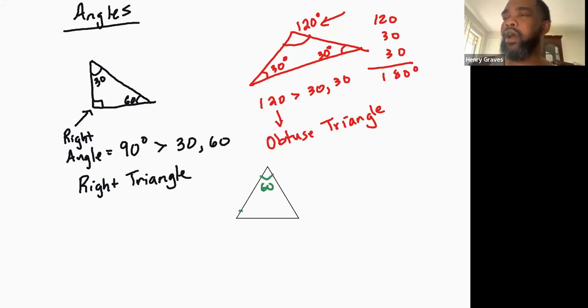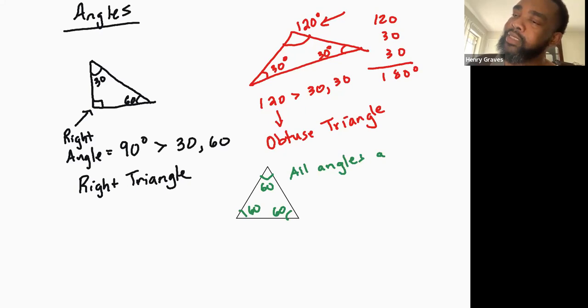So all angles are 60 degrees. Since 60 is less than 90, that makes this an acute angle, so we have basically an acute triangle here.